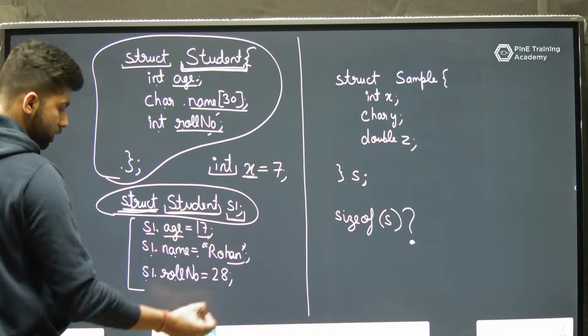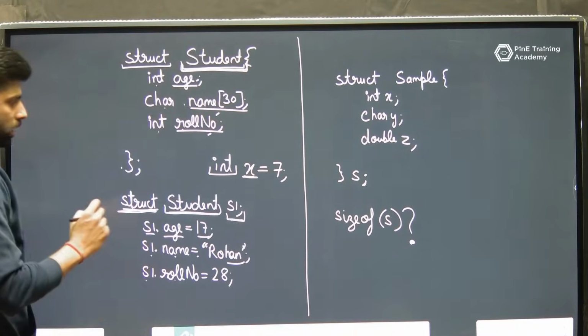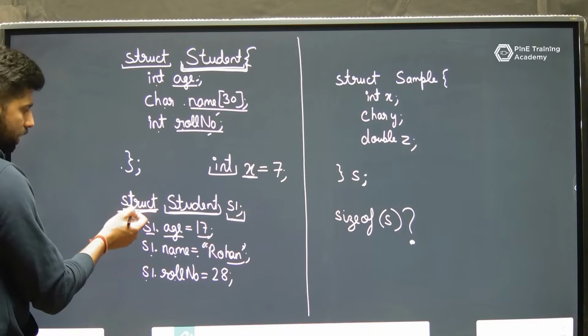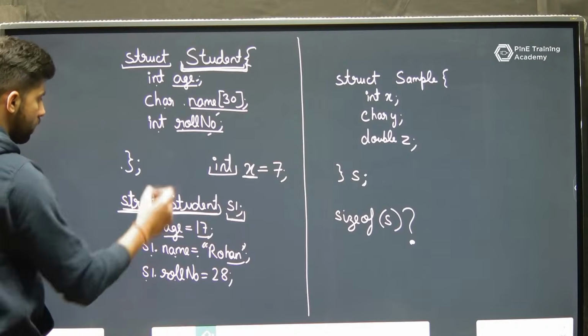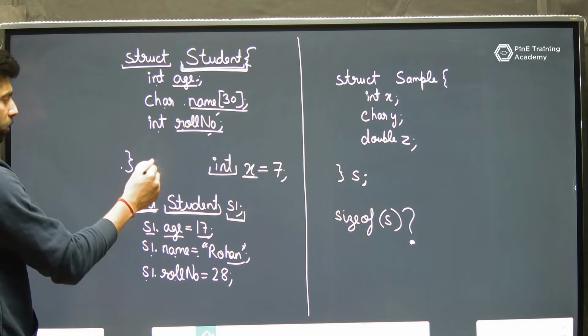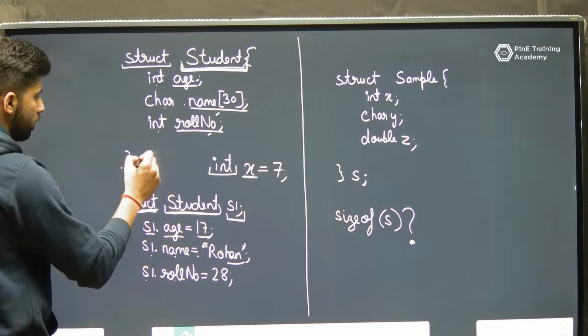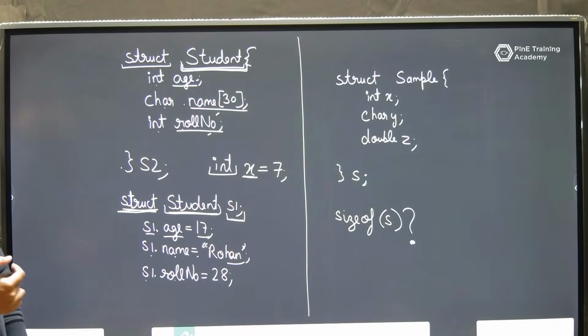So let me just erase this. Instead of writing struct student s1, what I can do is, where my struct is ending, before the semicolon, I can write it like this.